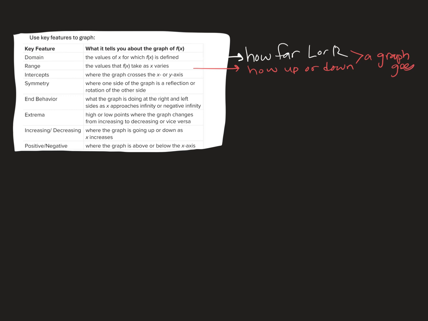And the intercepts tell you where the graph crosses or touches the x-axis, or y-axis, I should say, as well.